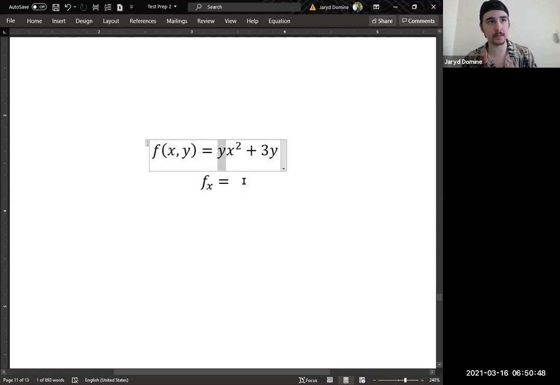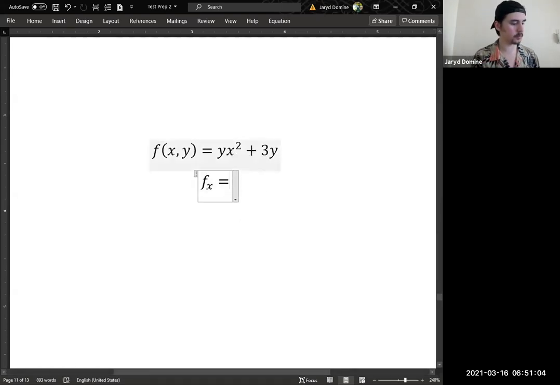That basically means we ignore y in just about every sense, unless it's by itself. So if I take the derivative of this, pretending that y is a constant, I would get y times 2x.